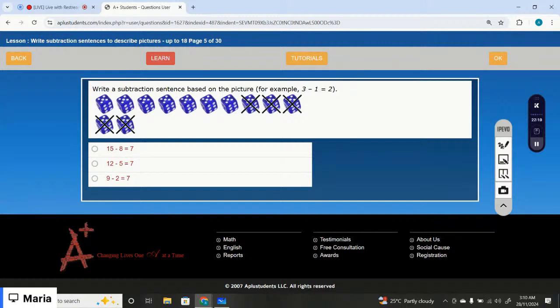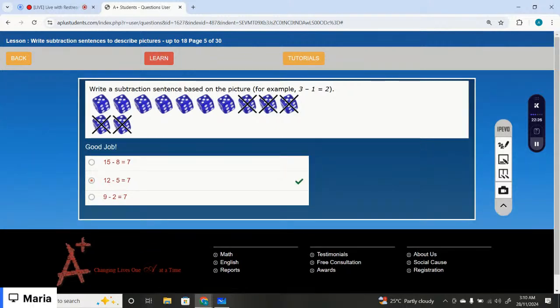The correct option is option number 2. 12 take away 5 equals 7. Option number 2 is the correct option.